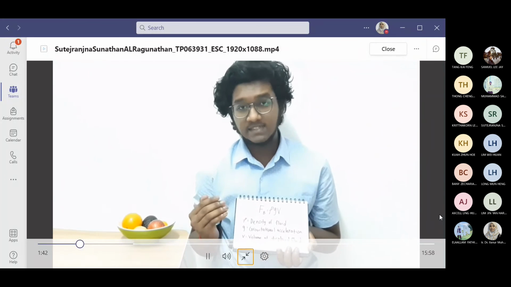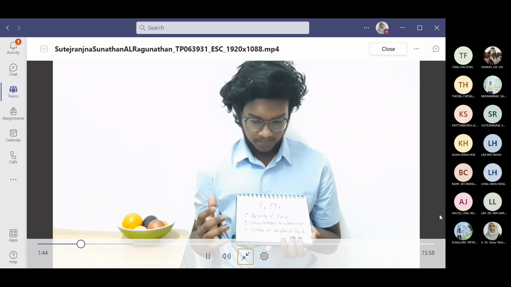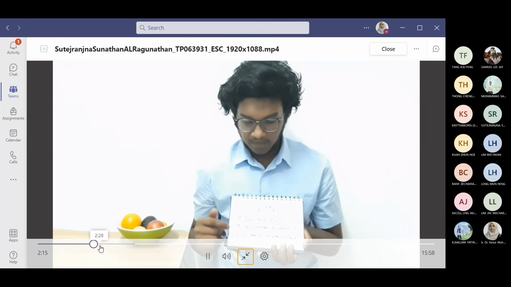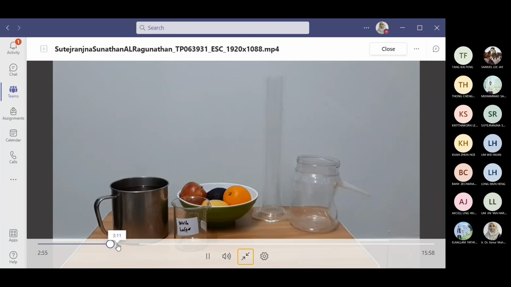Rho stands for the density of the fluid, and g stands for gravitational acceleration. And the other method uses the homemade Eureka can and the measuring cylinder to measure the fluid displaced, the objects, water, and also a beaker to collect additional or extra fluid.